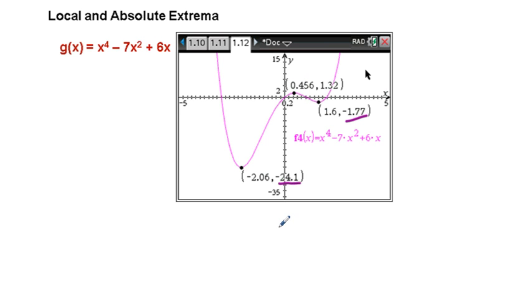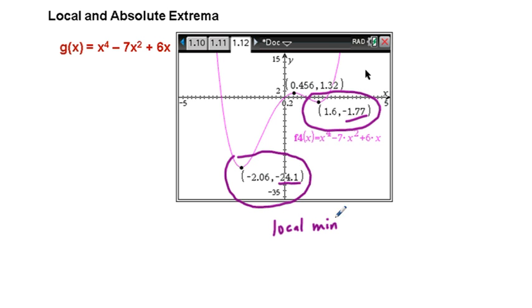And so these things right here are called local or relative minimums. And then this one up here is a local maximum, or relative maximum.